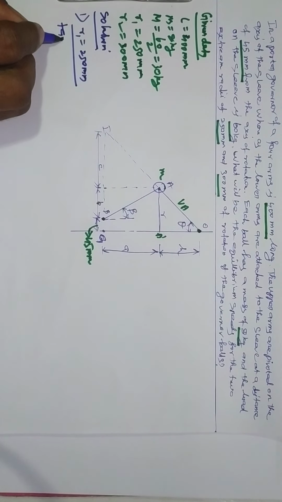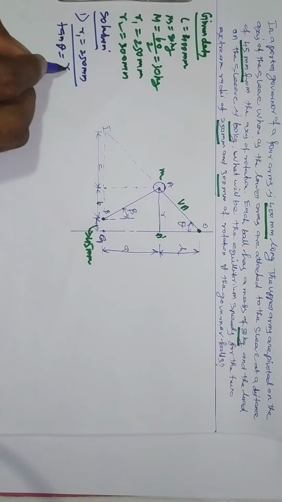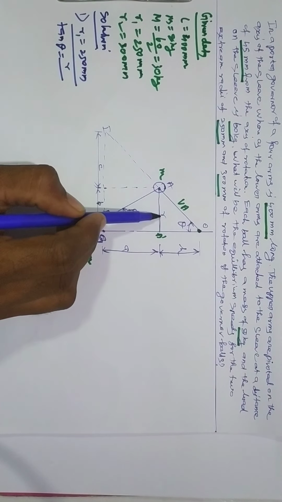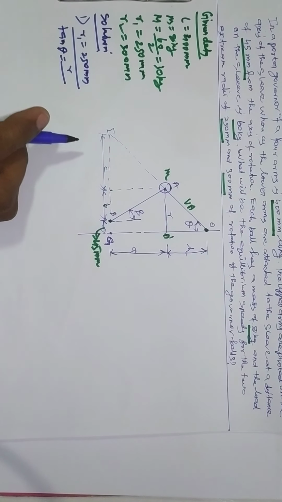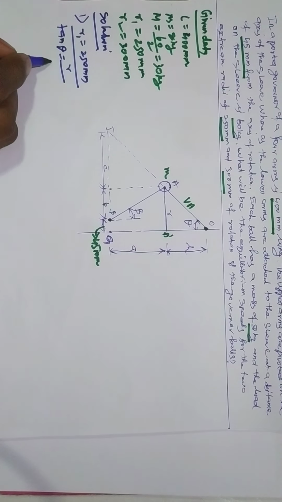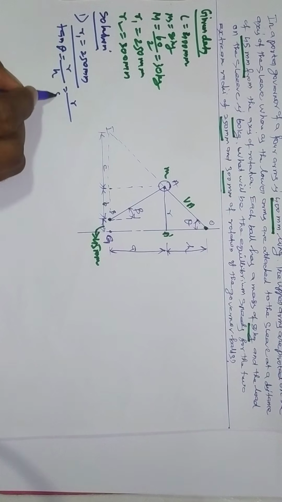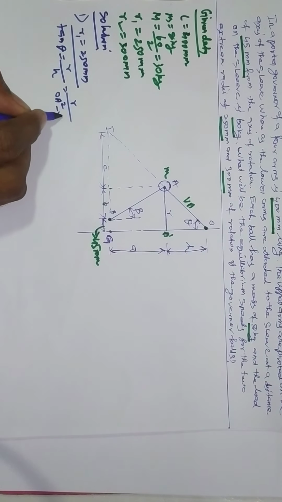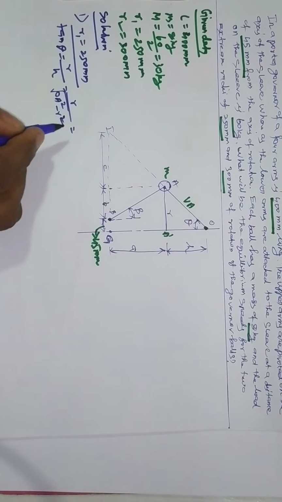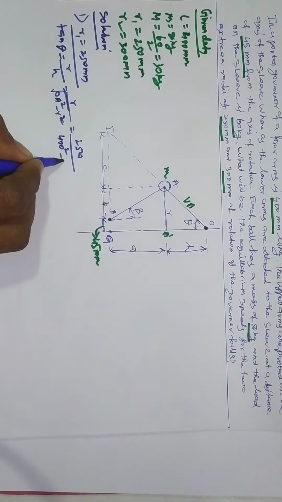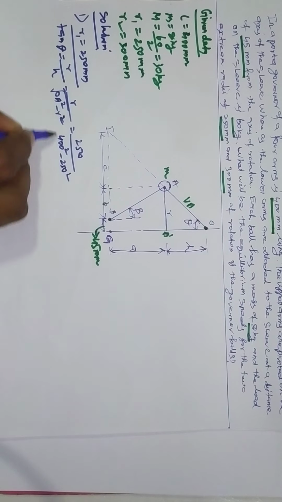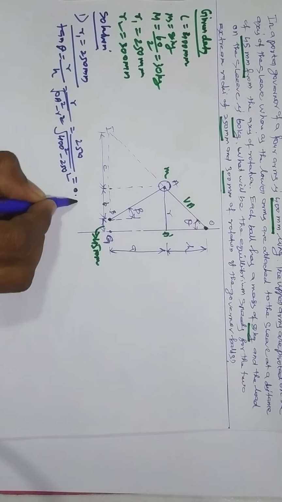So first you should find tan theta equal to R divided by H. So H is equal to the square root of OA whole square minus R square, that is equal to the square root of 400 square minus 250 square, and finally you are getting 0.8.